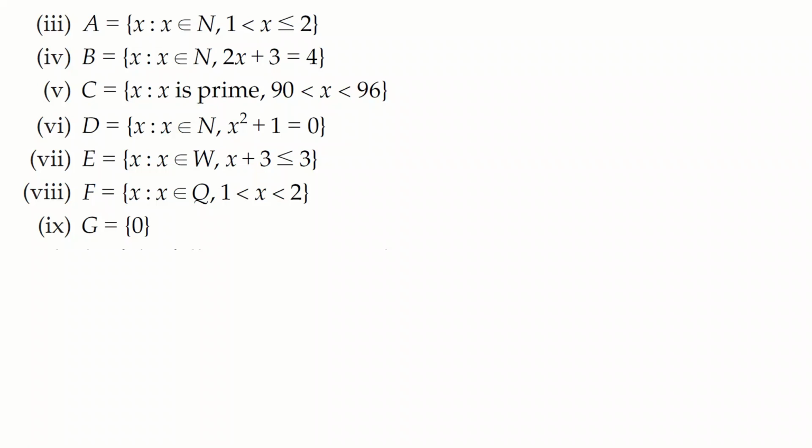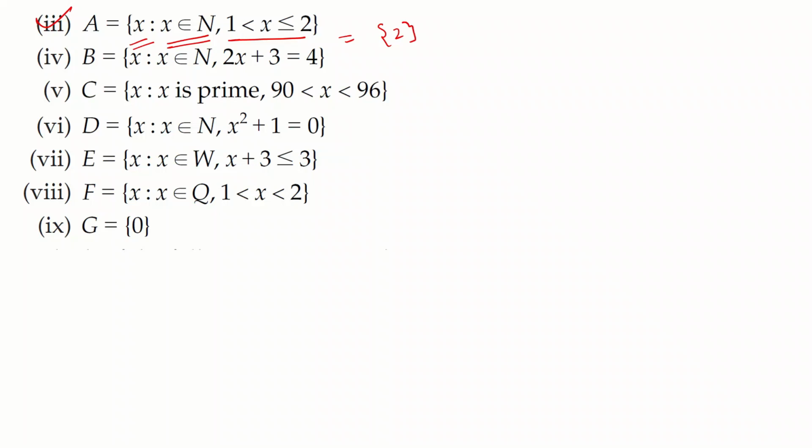You have to still tell me which of these sets are null sets or if they are singleton sets. So question number 3, I'll do it for you. Question number 4 will be an exercise. So A is a set of all those natural numbers x where x lies between 1 and 2, 2 included but 1 not included. So this is actually the singleton set {2}, right?